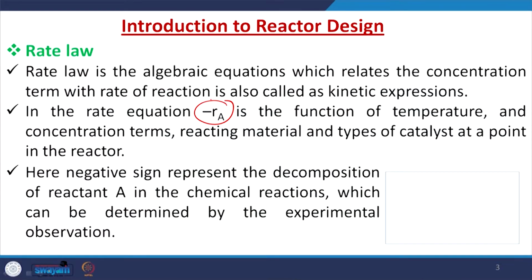As I discussed, the rate law is the algebraic equation which relates the concentration term with the rate of a reaction, and sometimes it is also called the kinetic expression. Now, in the rate equation, minus rA, which we are representing over here, is a function of temperature and the concentration term, reacting material and type of catalyst at a point of a reactor.